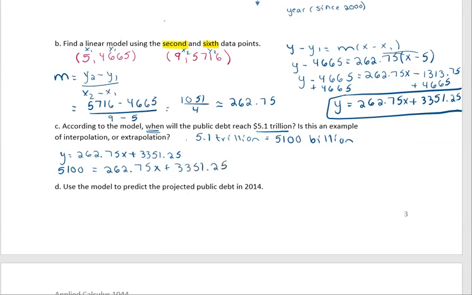We can put our 5,100 in for our y, and now we need to solve for x. So to solve for x, the first thing that we need to do is subtract our 3,351.25 from both sides.